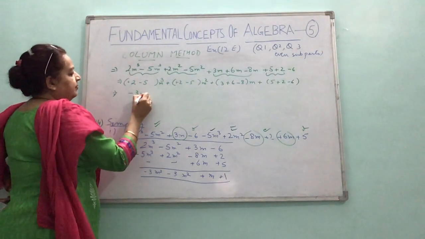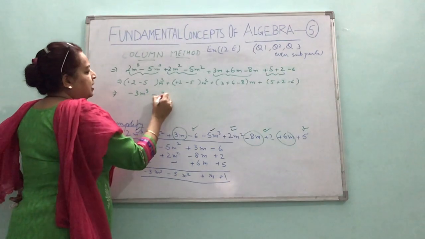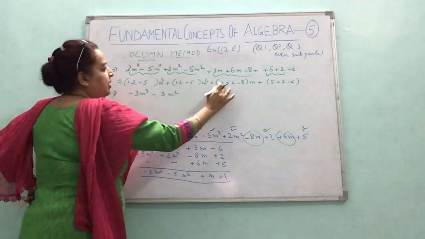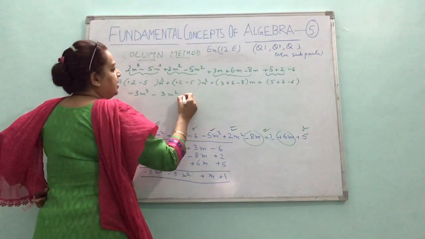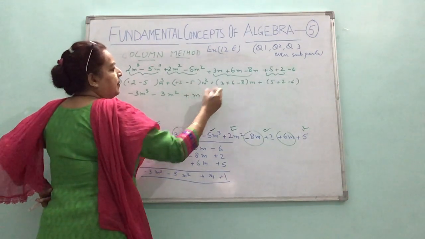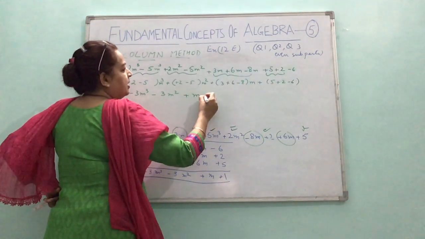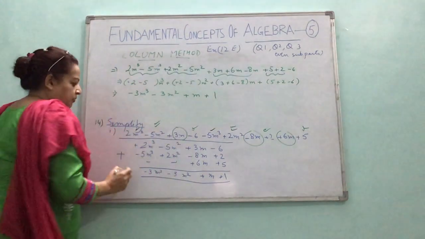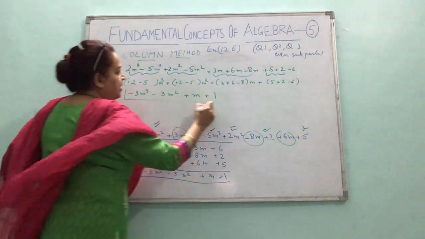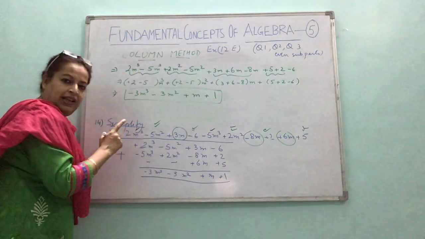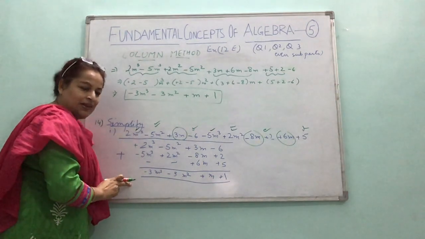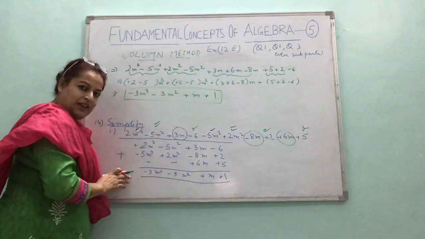Opposite sign, subtract: 9 and minus 8 plus 1m, 7 and minus 6 plus 1. Both ways the answer would be the same. But this is the single line method, this is the column method. And both methods I have taught you.